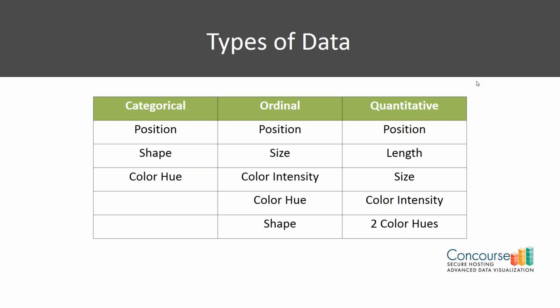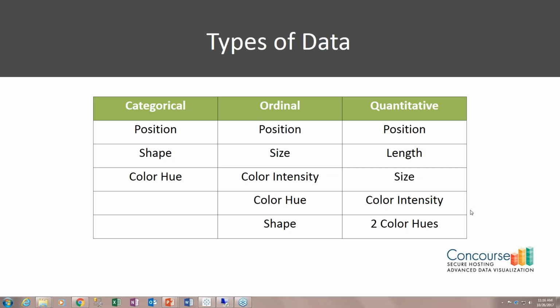So you can see position is always the preferred thing to use. For categorical, shape and color are next. For quantitative, it's length and size and then color, color intensity first, and then color hue, up to 2 color hues.